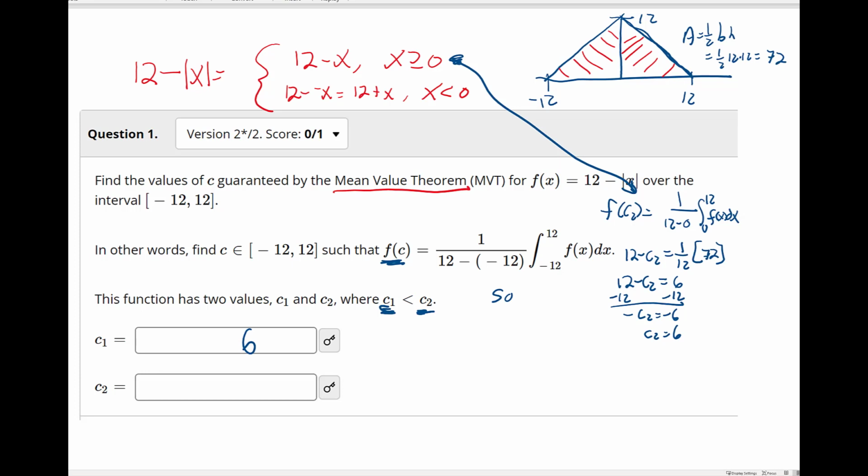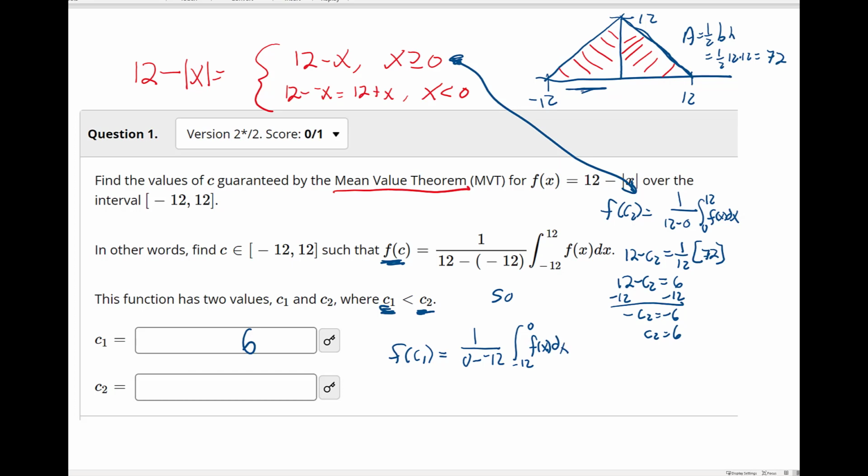Now we're going to look at the other side of this, the negative side. If we're going to work on c1, our f of c1 is going to be 1 over 0 minus negative 12 times the integral from negative 12 to 0 of f of x dx.